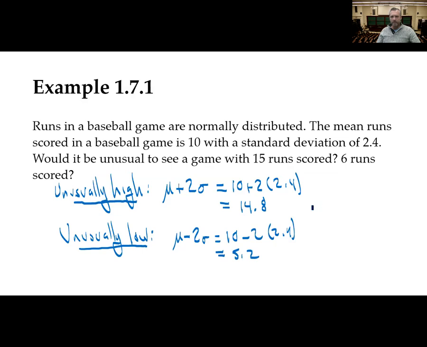And so if you think about a number line here, you've got 5.2 down here, you've got 14.8 up here, and anything out here or down here is going to be unusual.